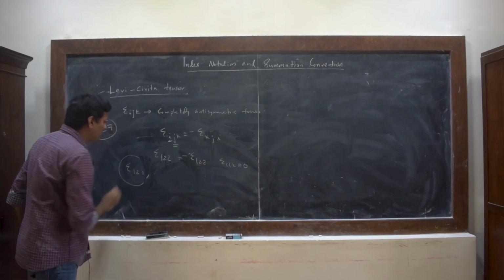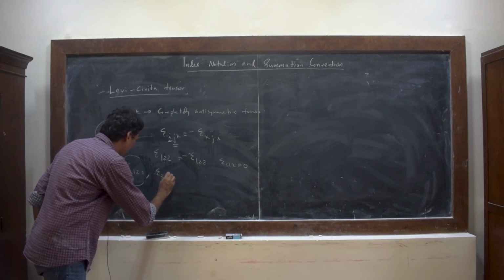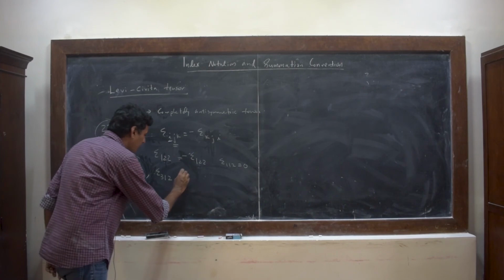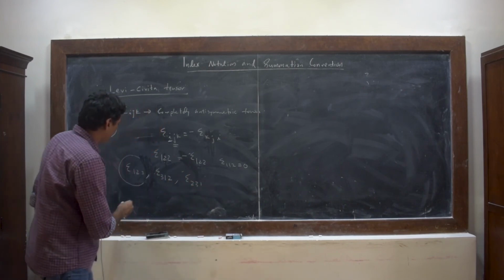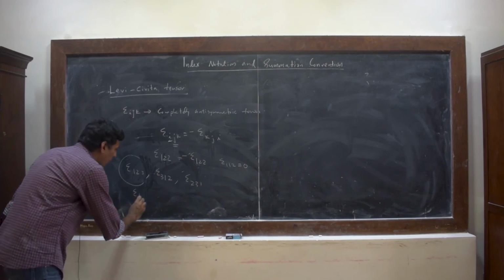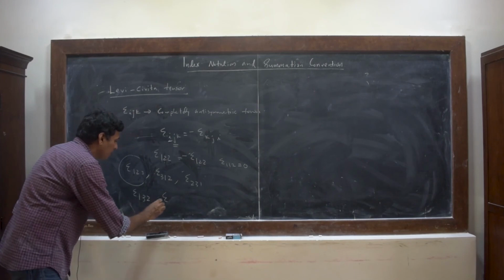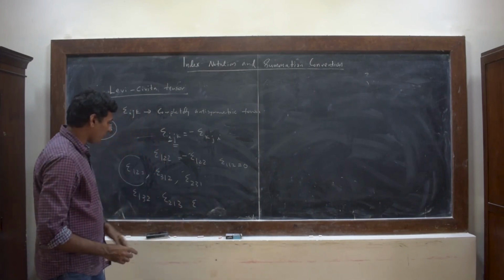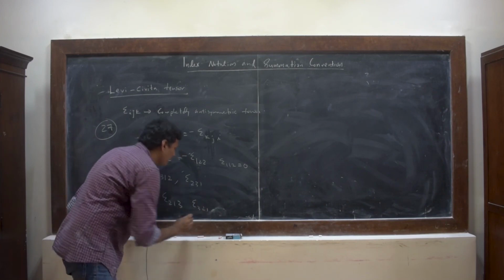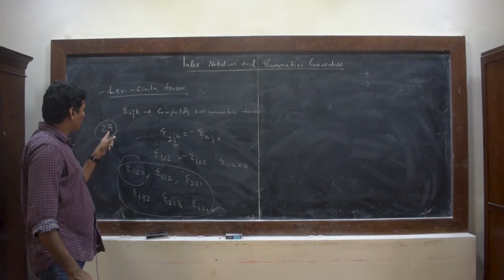So epsilon 123, and then epsilon 312, and then you will have epsilon 231, and then epsilon 132, then epsilon 213, then epsilon 321, and only these 6 elements will be non-zero out of the 27.